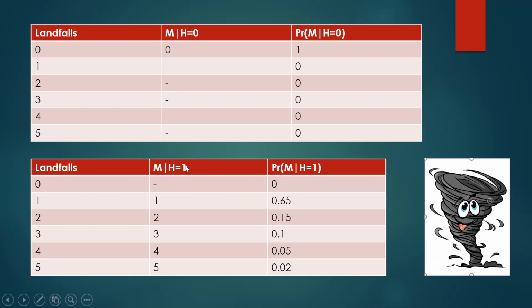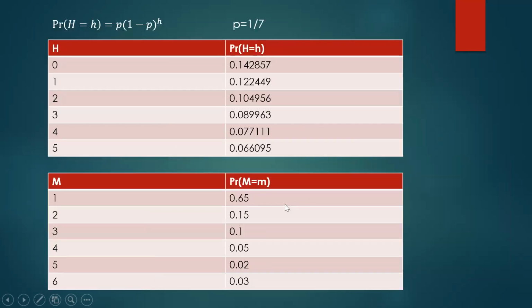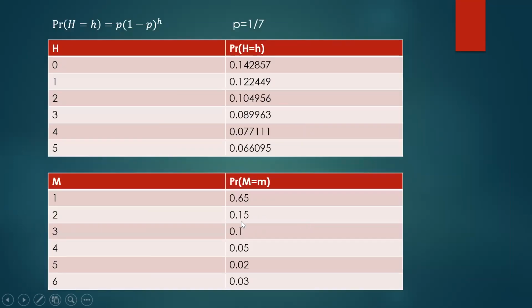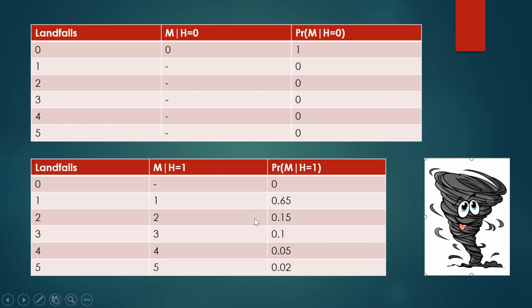If we have one hurricane resulting in 1 landfall, the probability is 0.65. When we have one hurricane resulting in 2 landfalls, the probability is 0.15. And then we list out all the probabilities here until 5.